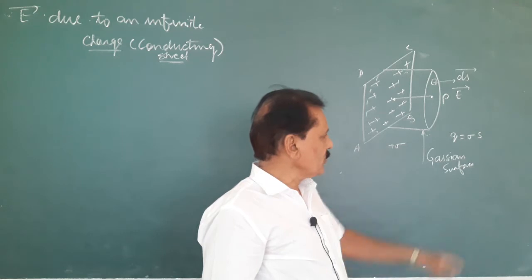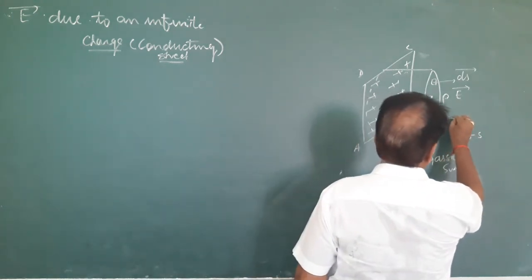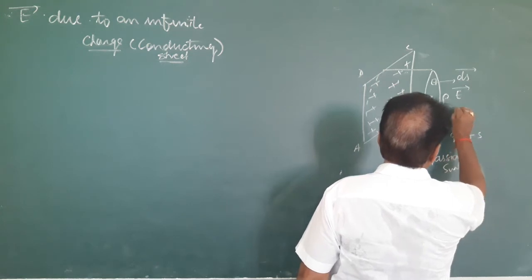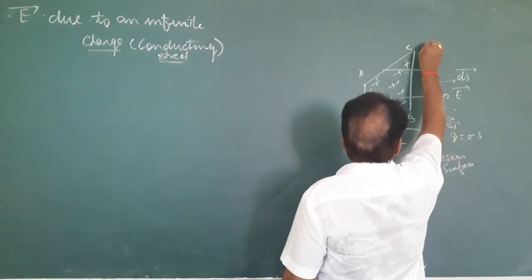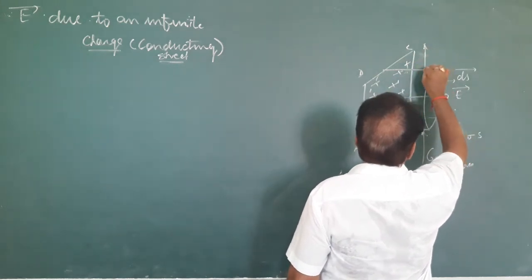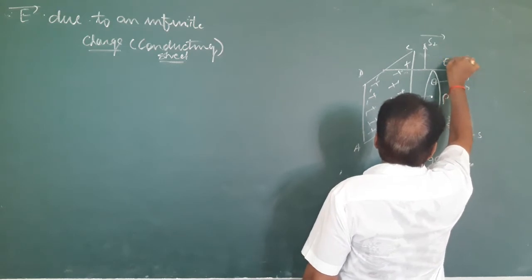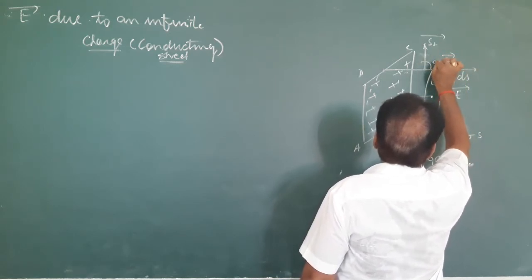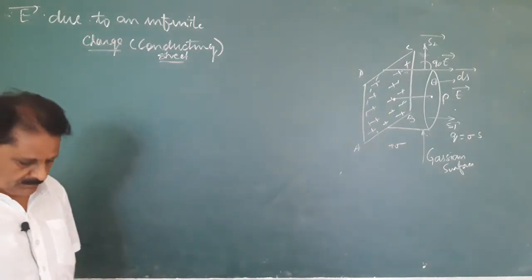The area of cross section is S, and this S1 is parallel to the electric field, whereas the second area is the periphery of the cylinder, that is S2, which is perpendicular to the electric field, which is shown in the diagram.